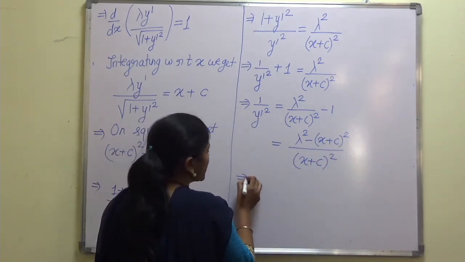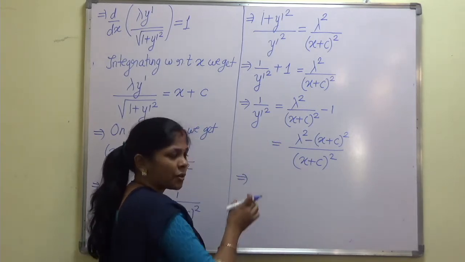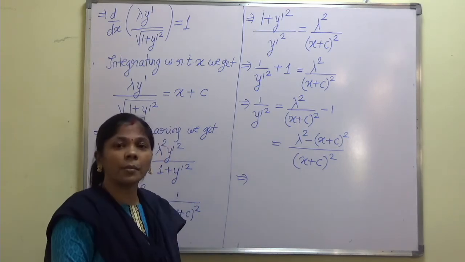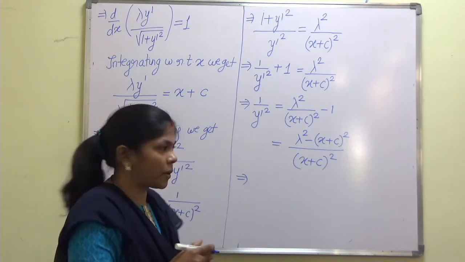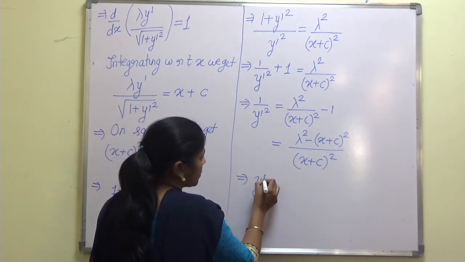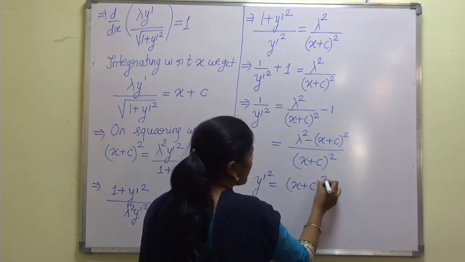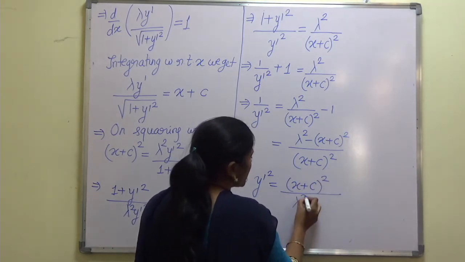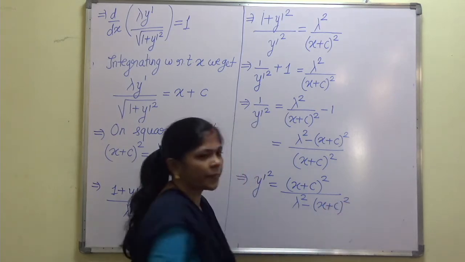So this implies, now take the reciprocal again because I want y dash. The derivative term is in the denominator. Let us take it in the numerator by taking the reciprocal. So what we have, y dash square is equal to (x plus c) whole square upon lambda square minus (x plus c) whole square.